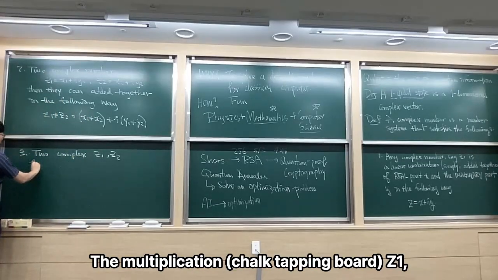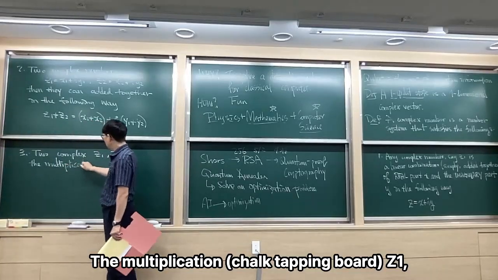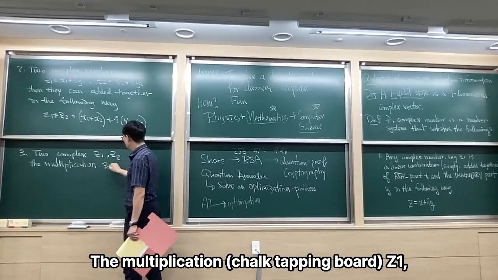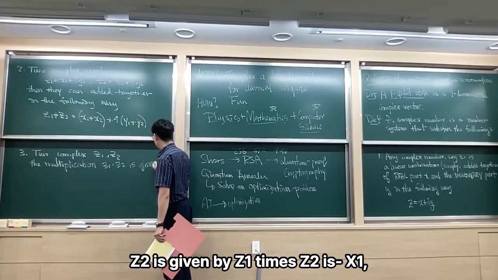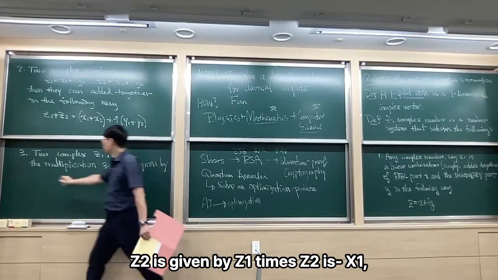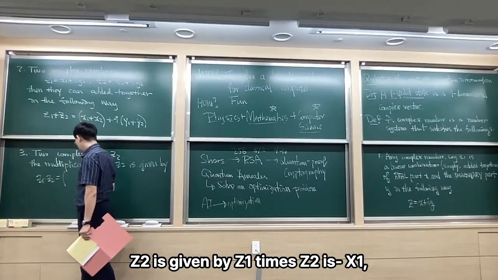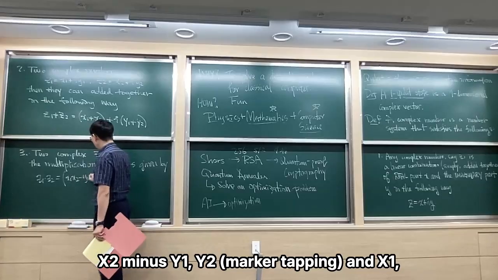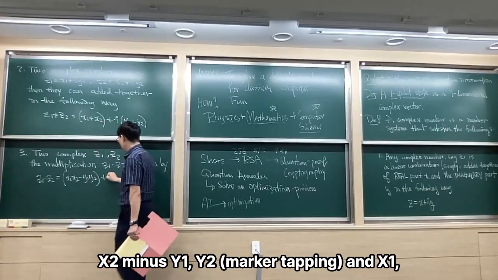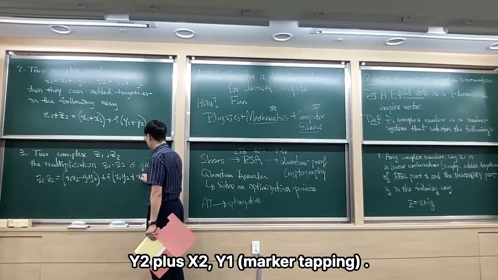The multiplication z1 z2 is given by: z1 times z2 is x1 x2 minus y1 y2, and x1 y2 plus x2 y1.